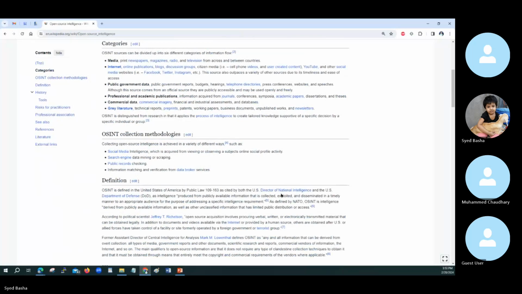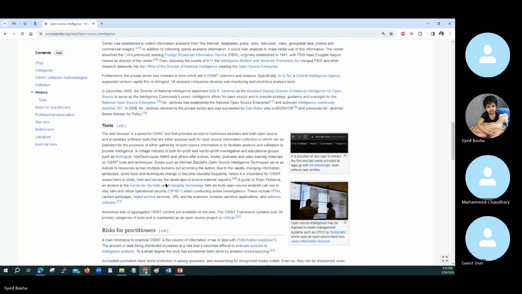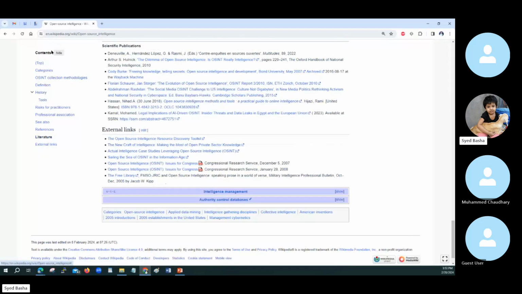See this. This is defined in the United States of America, public law by US regulations. Okay, OSINT. See this, intelligence issues for Congress.